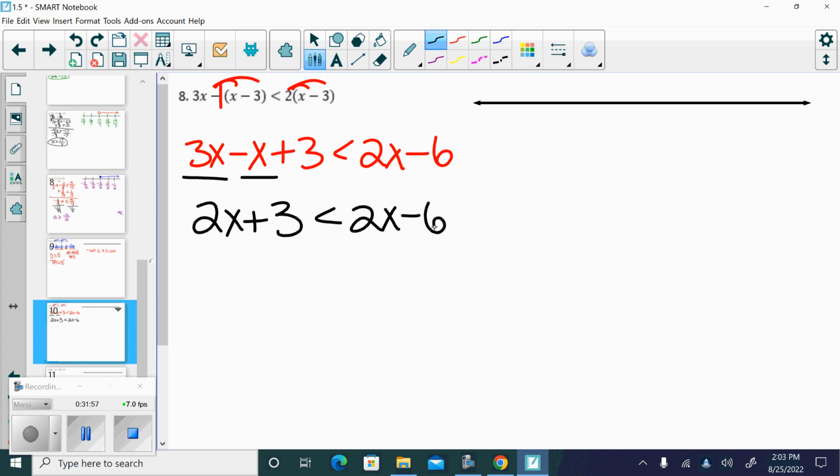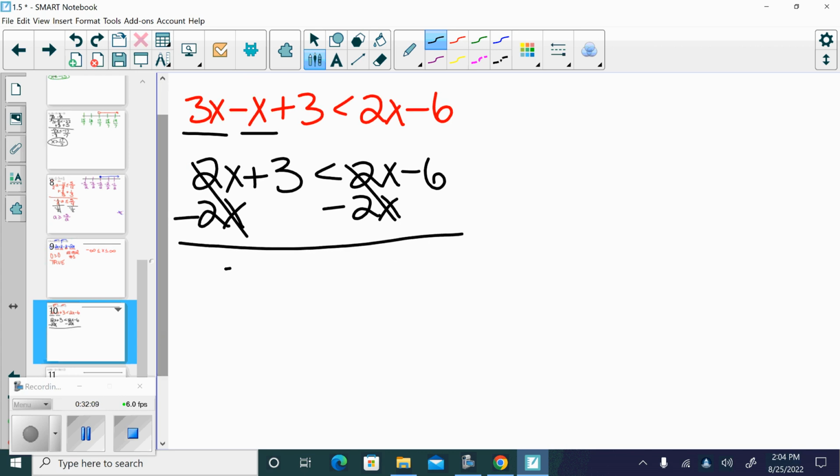Okay, let's get all of our x's on the same side. So I'm going to subtract over this 2x. What happens? It turns into a 0. Okay, so all I'm left with is 3 is less than negative 6. I just subtracted over the 2x. 2x minus 2x is 0. So I'm left with 3 is less than negative 6. Is 3 less than negative 6? No, it's not.